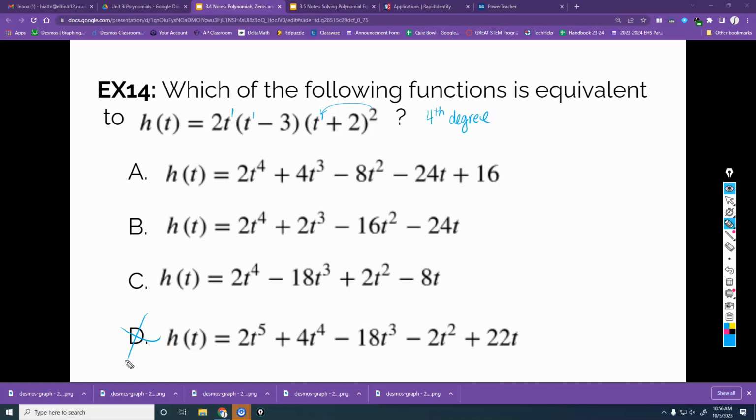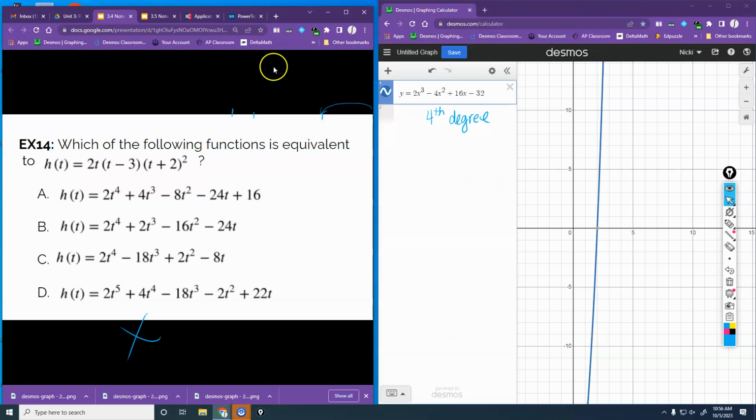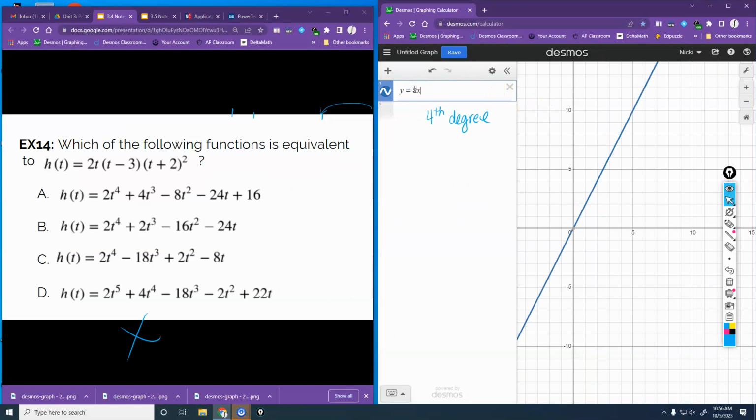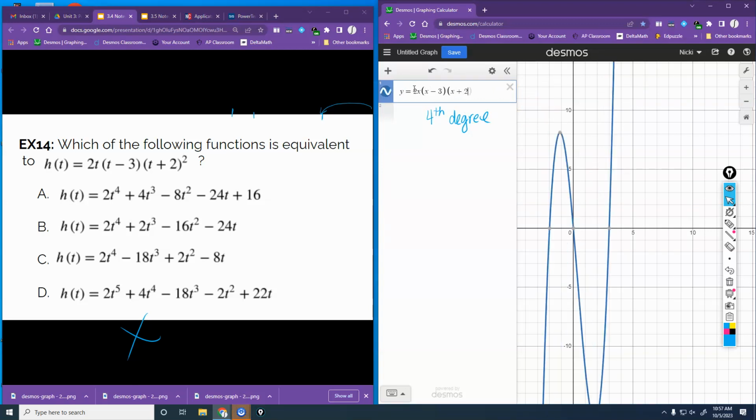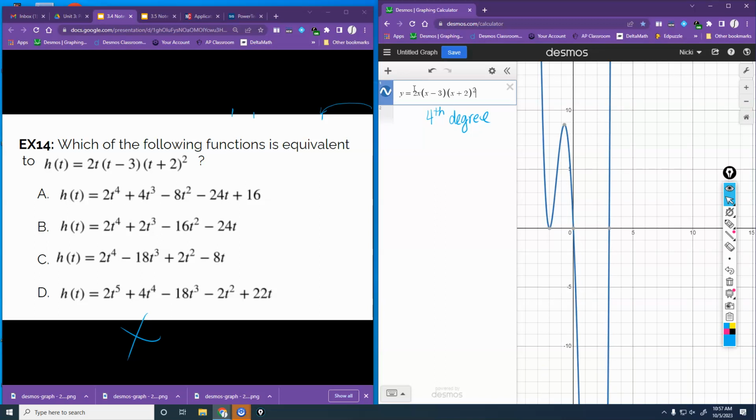But otherwise, now you could multiply all that back together, but it's going to take a while, so I would just use Desmos. Let's see, let's go over here. So we got 2x times x minus 3 times x plus 2 to the second.